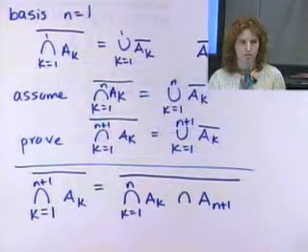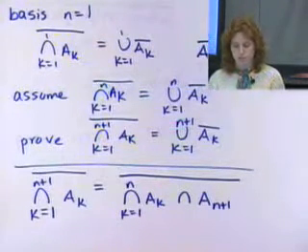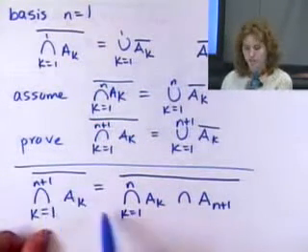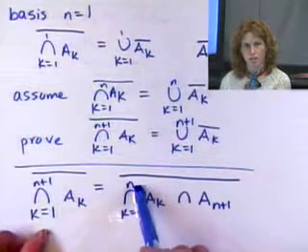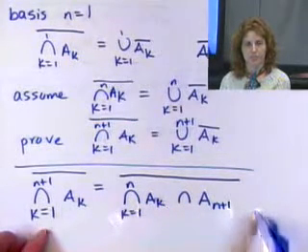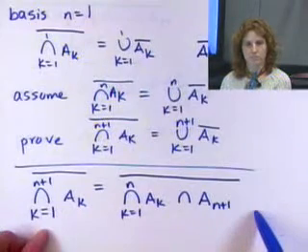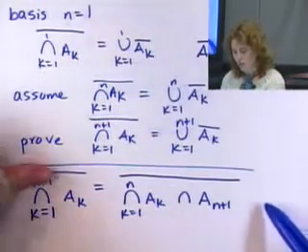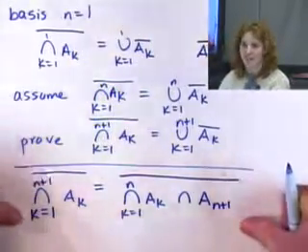Okay. So what did you say about that again? I didn't catch that. Well, this intersect from 1 to n plus 1 is the same as doing the intersection from 1 to n, and then just intersecting the last one on there, a sub n plus 1. Okay. And I ignore the knots until I figure all that stuff out, and then I stick them back on there.